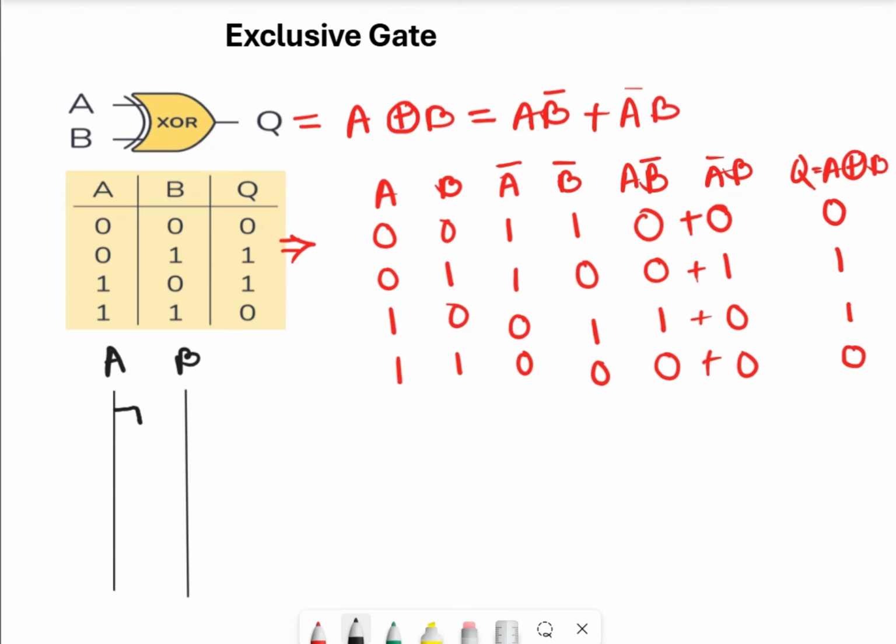Indeed, here one NOT gate has been implemented. So this is A bar. Pardon, my line is not perfectly straight.